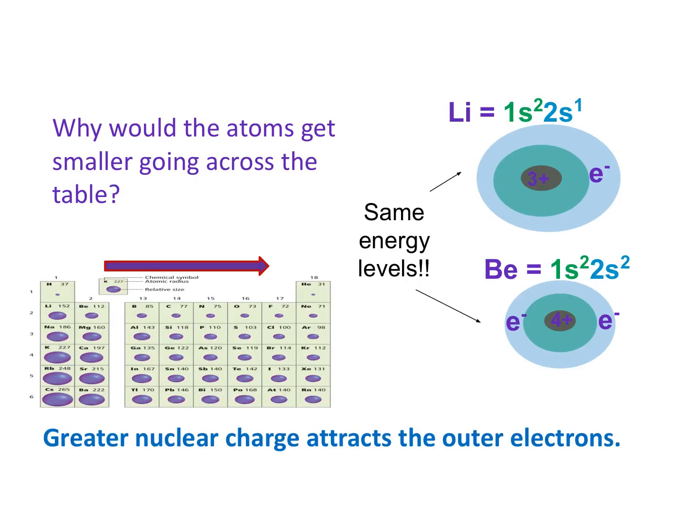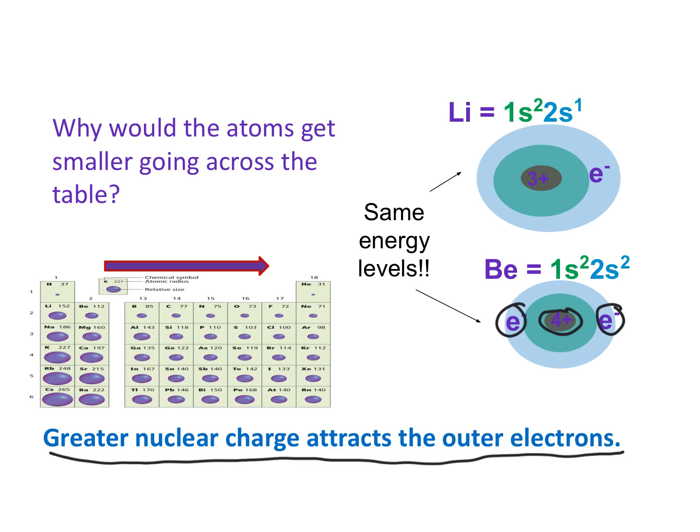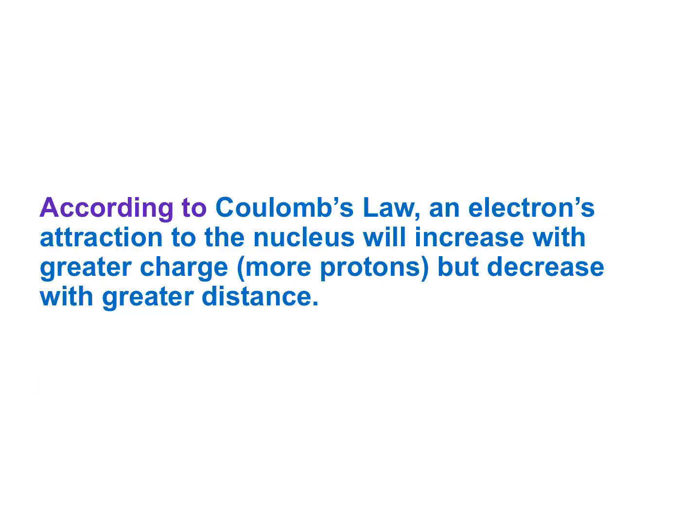We can explain this because the greater nuclear charge attracts the outer electrons. So this nuclear charge in beryllium is a 4+, 4 protons, so it's a +4 charge. It has a greater attraction, a greater affinity for the outer electrons. Therefore, it's going to pull them in closer, even though they have the same number of energy levels.